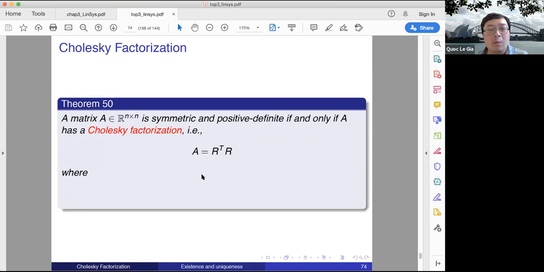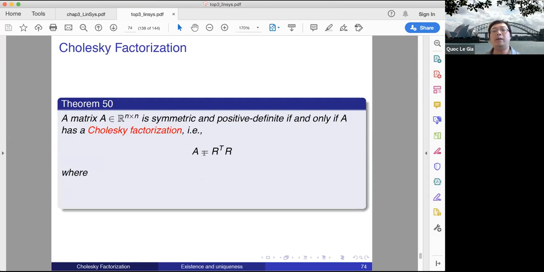Okay, so now why do we study positive definite matrices? Well, because if the matrix is symmetric and positive definite, then it has a Cholesky factorization. Remember before we had an LU factorization, the product of L times U, two separate matrices.